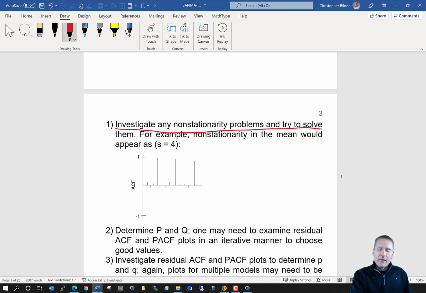Non-stationarity problems can occur with respect to the seasons as well. So if I had, let's say, quarterly data, so I have S equal 4, non-stationarity in the mean would look something like this, where every fourth lag on the ACF plot would have very, very high values.